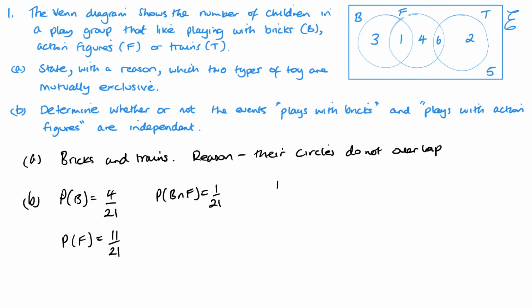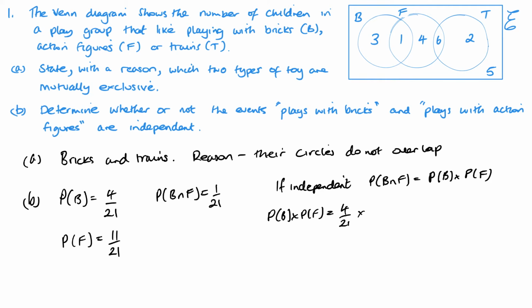So if independent, the probability of B intersection F will equal the probability of B multiplied by the probability of F. So P(B) times P(F) is 4 over 21 times 11 over 21, and that gives me 44 over 441.